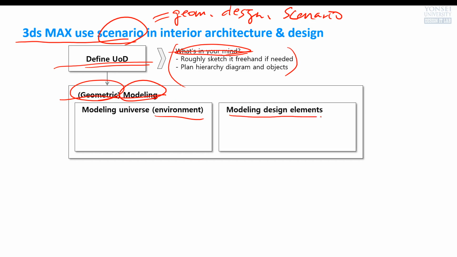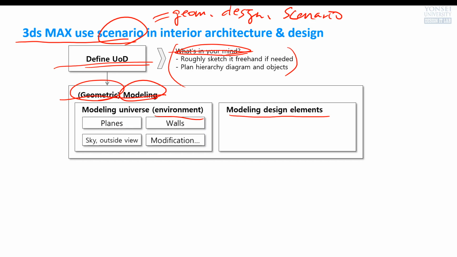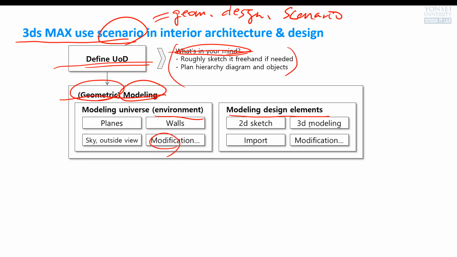And then your design components modeling: planes, walls, sky, outside view. Modify again and again. 2D sketch, 3D modeling, import geometry, modify again and again. It's a loop. It's an iteration. Sometimes never ending. All nights.